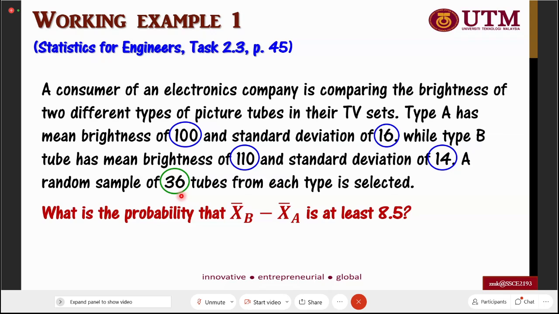When you sample from any distribution, you don't know what distribution you have here. In this question, no distribution is mentioned, but you look at the sample size, it's large. If you sample from a non-normal distribution and the sample size is small, we don't cover that in the course.